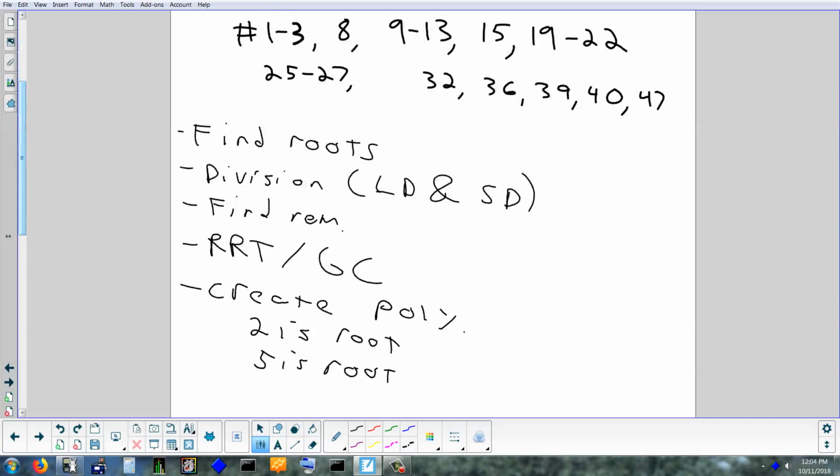Well, if you know 2 and 5 are roots, you know x minus 2 and x minus 5 are factors. FOIL those out and tell me what the polynomial would be. Okay, so you have to know how to generate polynomials if I give you roots. And the roots could be real or imaginary. But that's everything that's on the test.